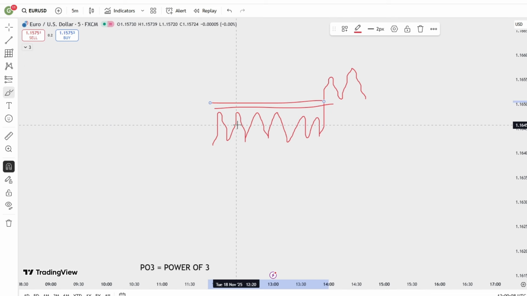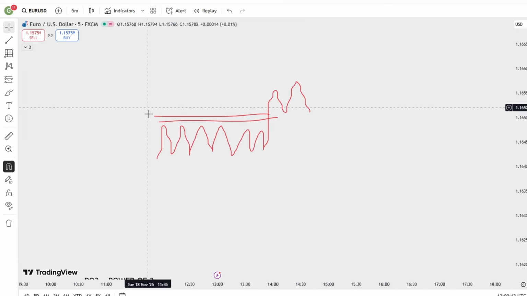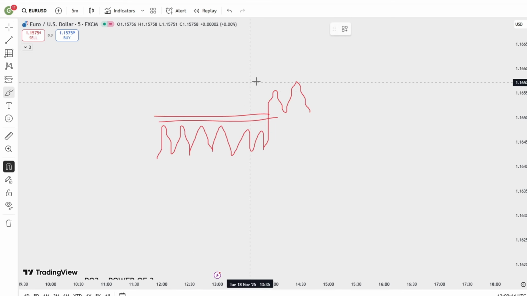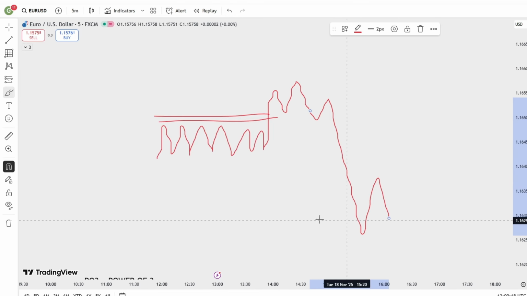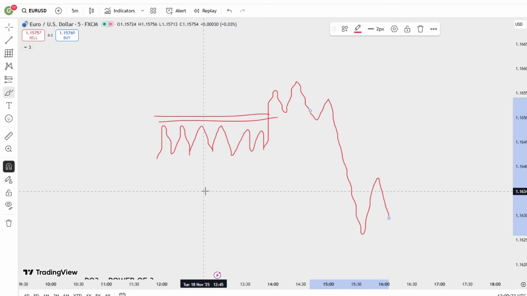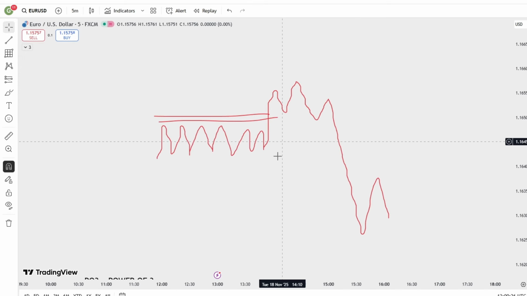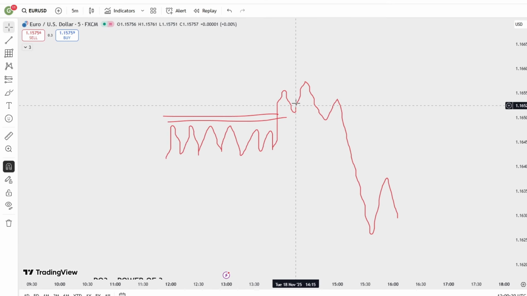The price grabs all this liquidity, manipulates here, and then distributes the price lower or higher, depending on what you're seeing, like old lows or old highs. Perfect. So this is basically the accumulation, the manipulation, and the distribution.